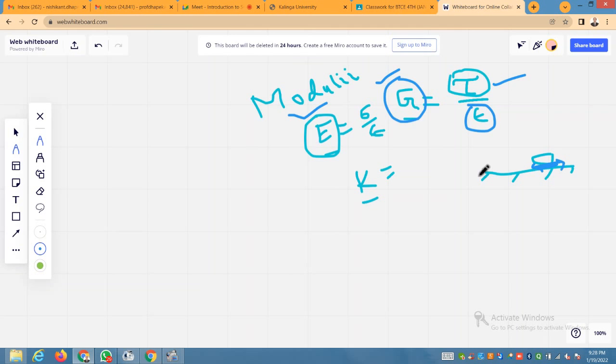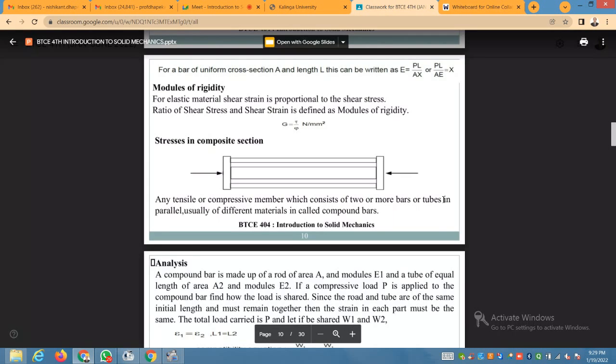You can abbreviate it like this also, and you can mention here shear strain, and you can mention here shear stress. So ratio of shear stress to shear strain is modulus of rigidity, and the ratio of simple stress upon strain is modulus of elasticity.